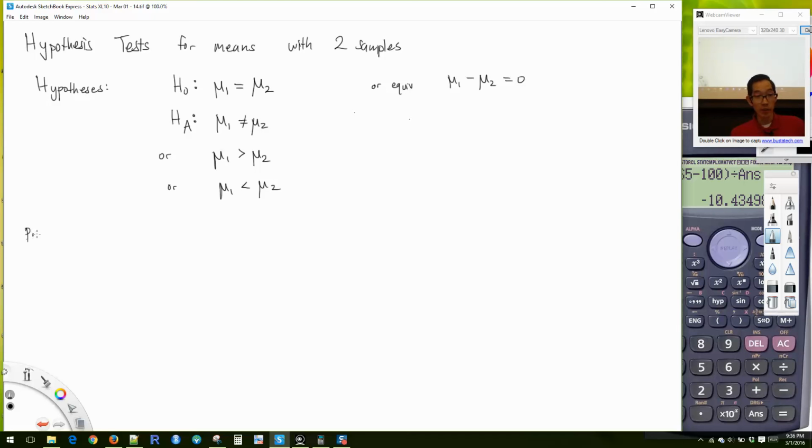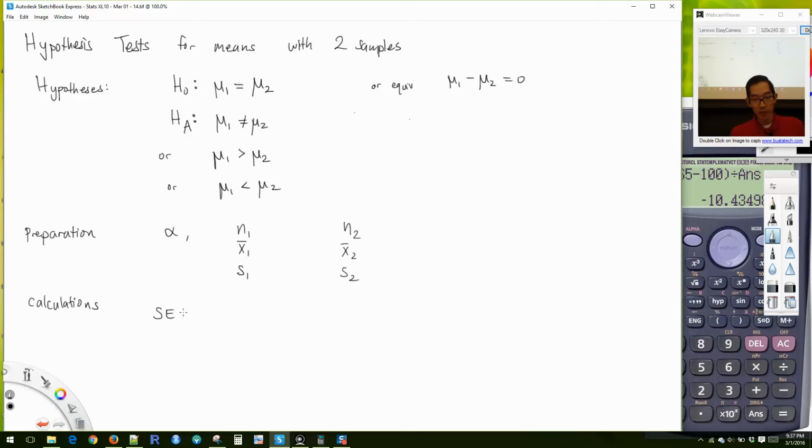Okay, so our preparation, you figure out your alpha, and then you've got to label your data, right? So you've got n1, x bar 1, s1, n2, x bar 2, and s2. Okay, so label all of these things. We can check conditions, but all right, calculations, okay?